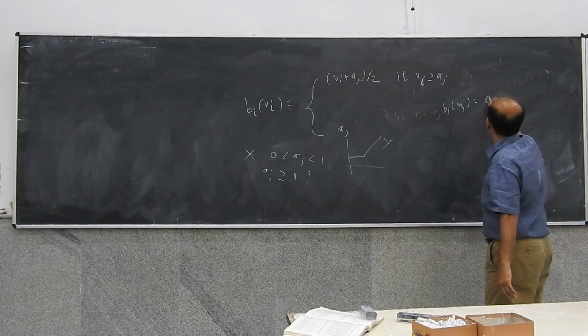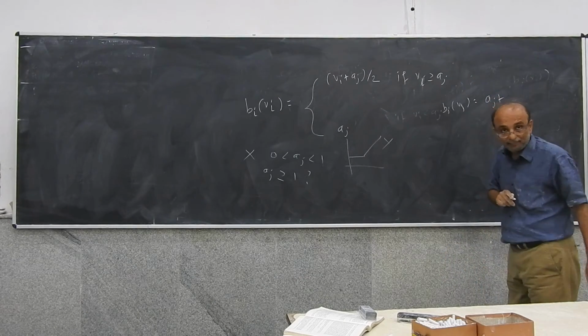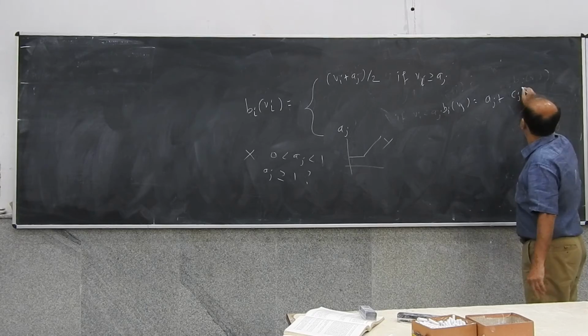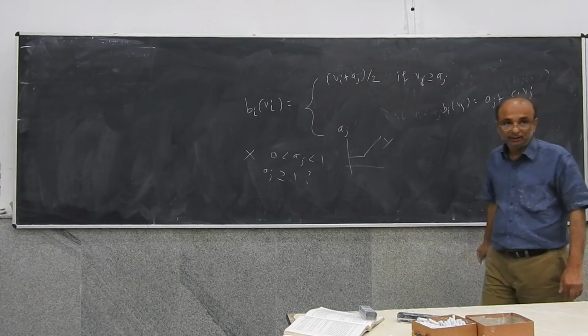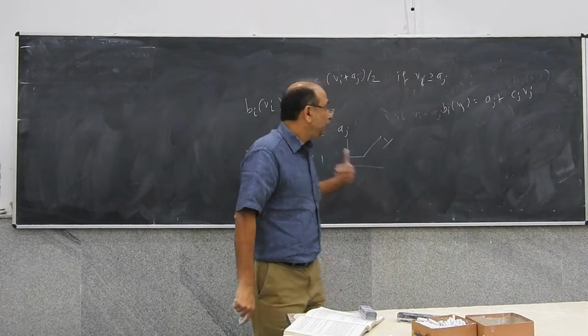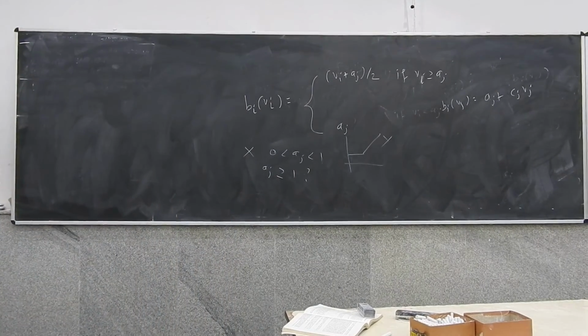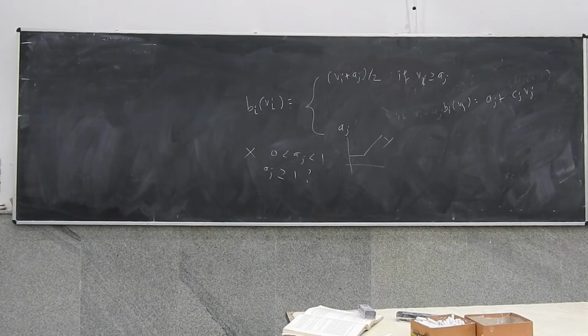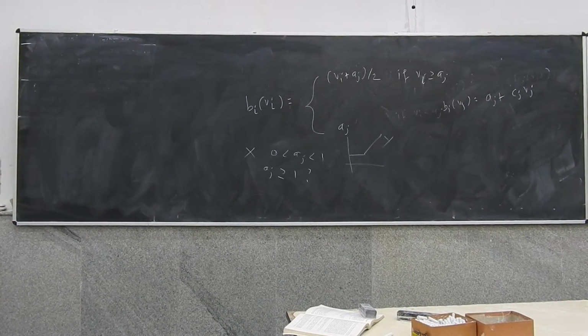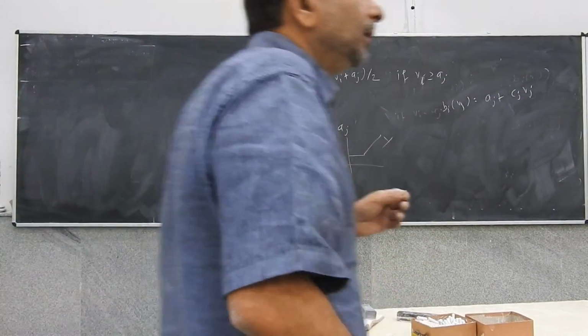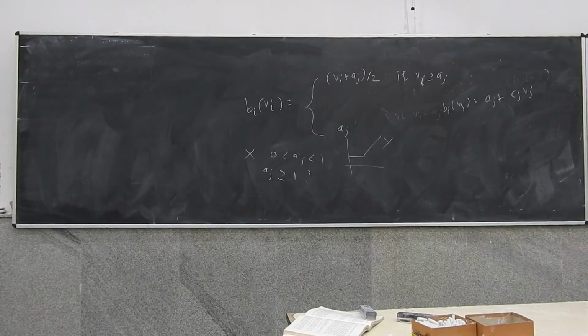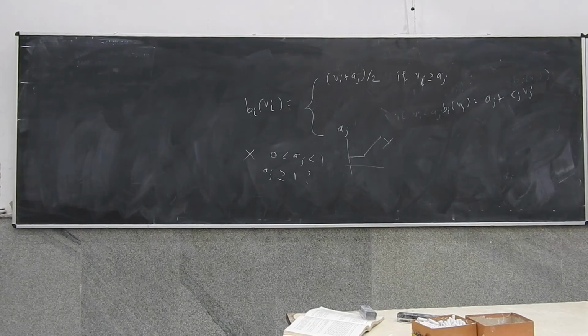BjVj is Aj plus Cj. Now, Cj must always necessarily be greater than or equal to 0. Cj cannot be negative. Why cannot Cj be negative? It means that with higher valuation you are bidding less. So Cj has to be greater than or equal to 0.